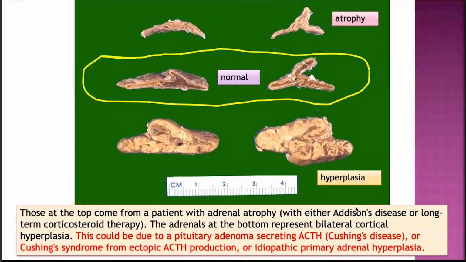For example, by looking at this image here, this is normal, and the size which is shrinkage like this, we call it atrophy. But the one with increase in the size as compared to normal, we call it hyperplasia.